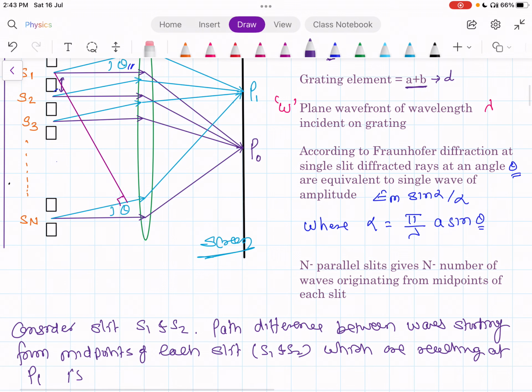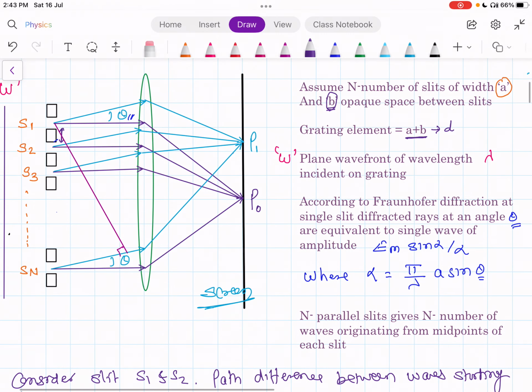What would be the path difference between such secondary waves which are starting from the midpoint of slit S1 and the midpoint of slit S2, which are reaching at point P1?